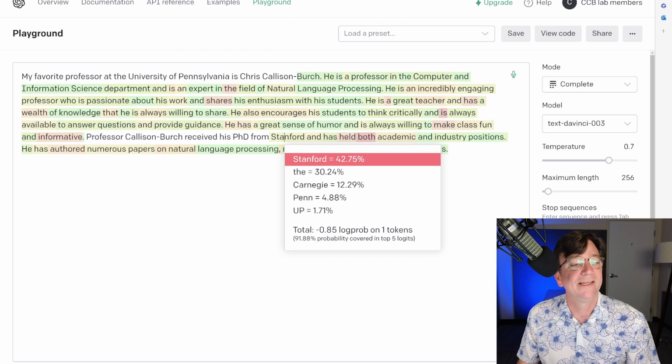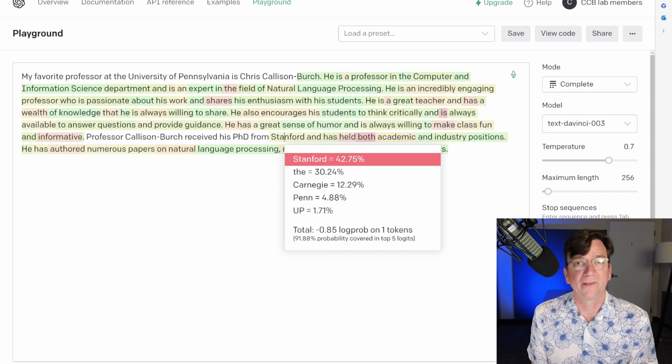So it's saying Professor Callison-Burch received his PhD from, and it assigns 42% of the probability mass to the word Stanford, 10% to the word the. So for some universities, we say the University of Pennsylvania, for instance, 13% to Carnegie for Carnegie Mellon University, which is a top 3 computer science program. And then the next most probable is about 6% towards University of Pennsylvania itself.